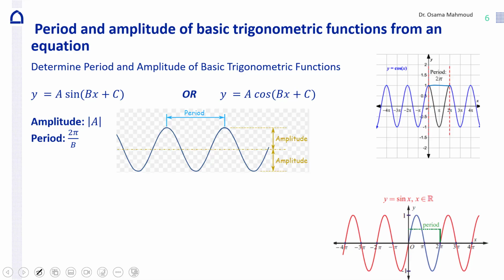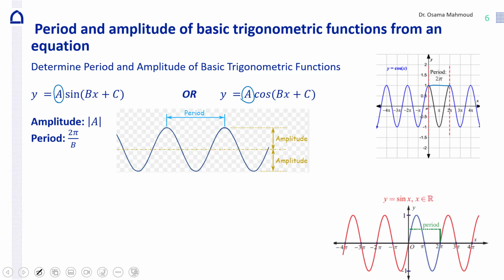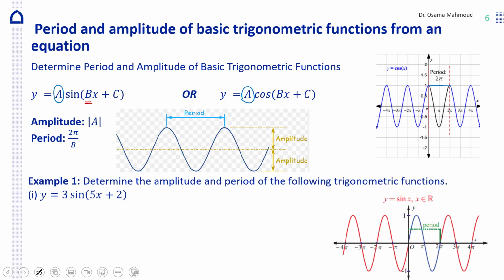Okay. Now, if you have in general y equal to this one, the amplitude will be the absolute value of the coefficient over your sine and cosine, and for the period, take the coefficient of x inside the sine and divide 2 pi by this coefficient. This is how to find the amplitude and the period. Okay, easy for sure.